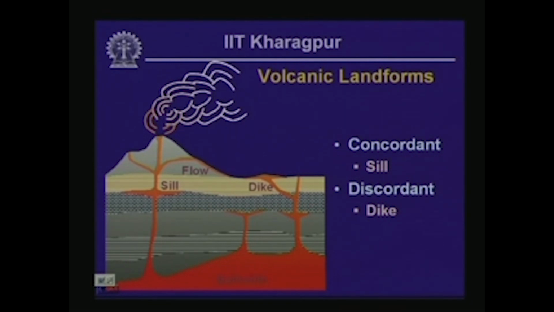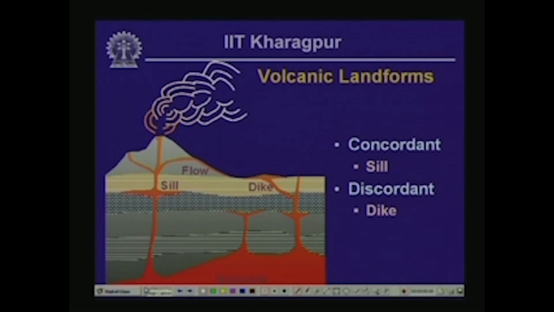Volcanic landforms could include a very large body of partially molten rock-forming material underground, as I already have indicated, and this is given the name of batholith. It could be a very large body or a smaller body, and in that case the body is called a stock.